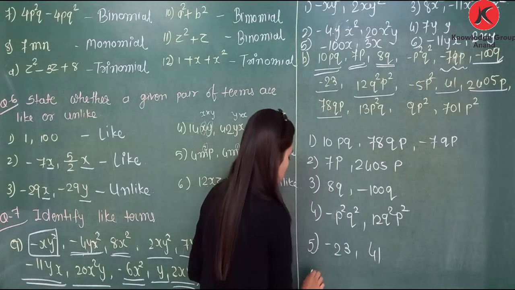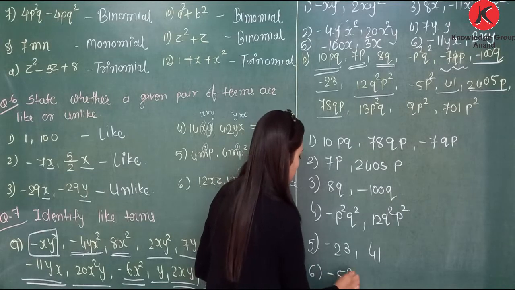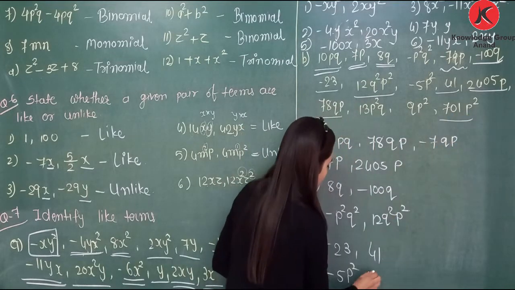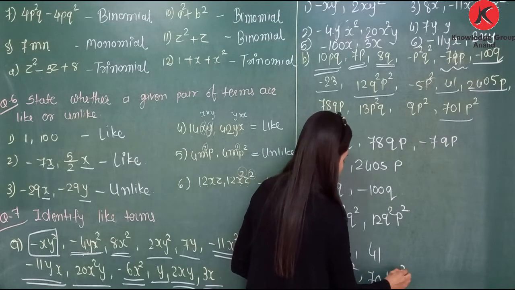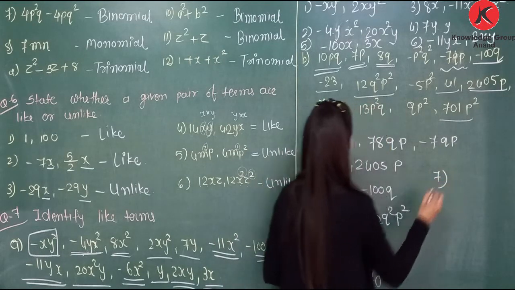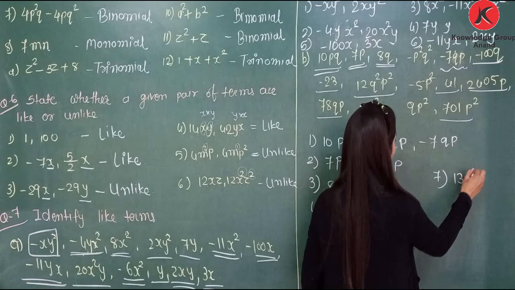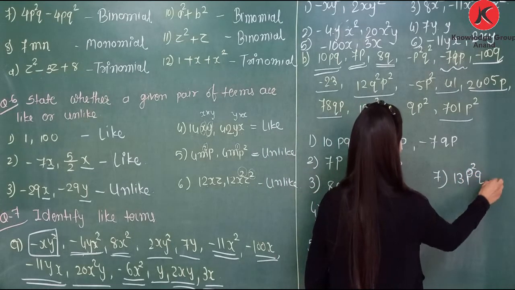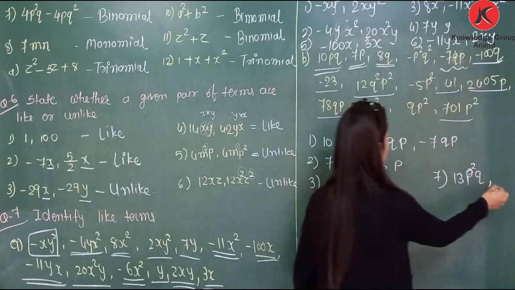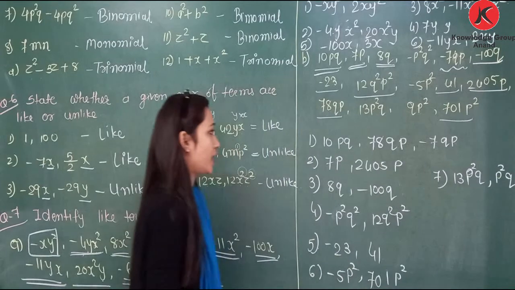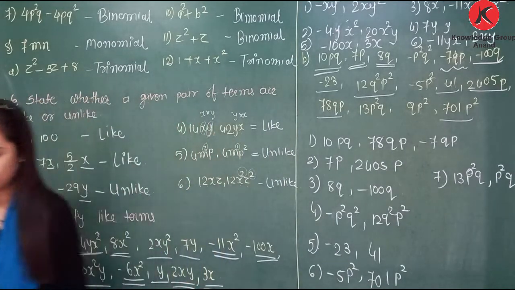Minus 5p square. Term with p square. So it is here 701p square. So 13 p square q and this is also p square q. So these become like terms. So we write all pairs which are like terms.